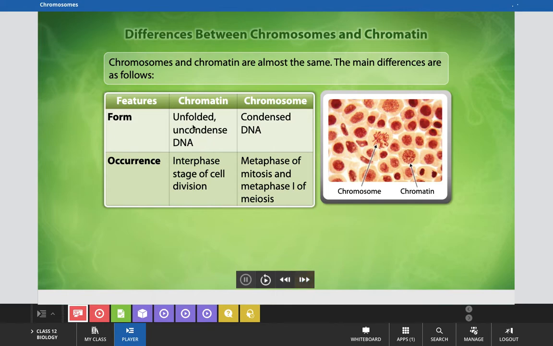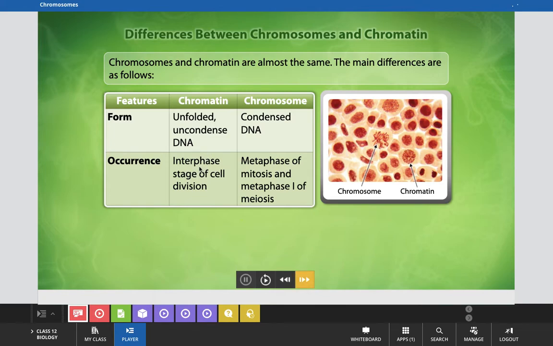But after cell division, or during cell division, when it gets condensed, it is known as a chromosome. Here you can see this uncondensed, unfolded DNA structure in the interphase nucleus, that is chromatin, but at the time of cell division it gets condensed and rod-like structures form, which are known as chromosomes.